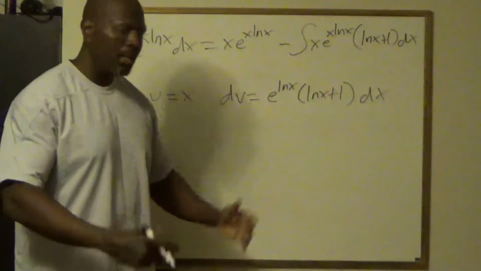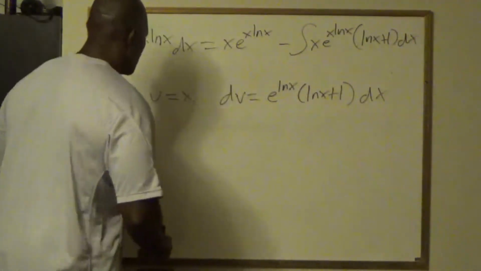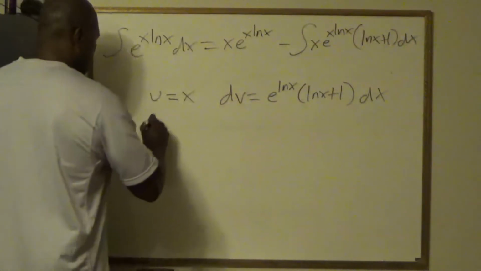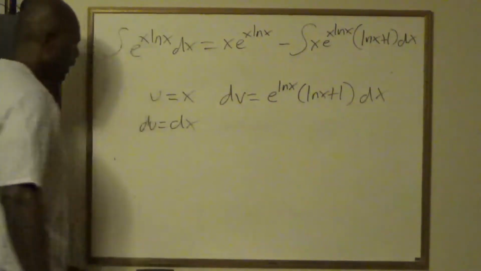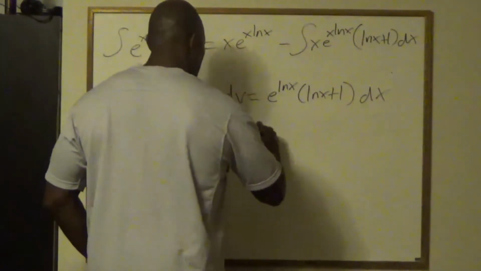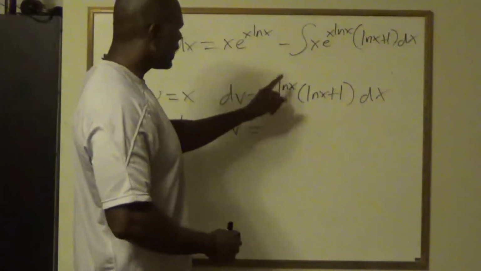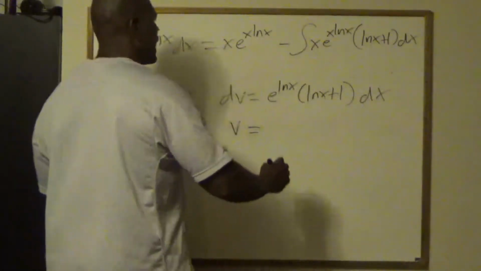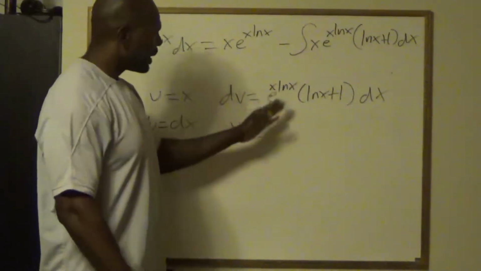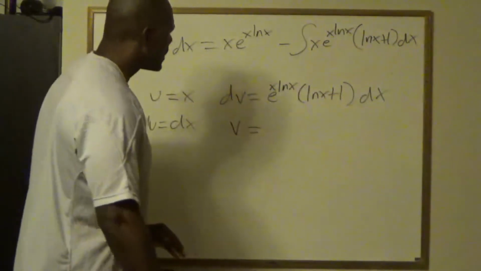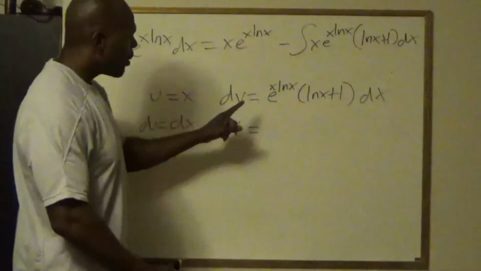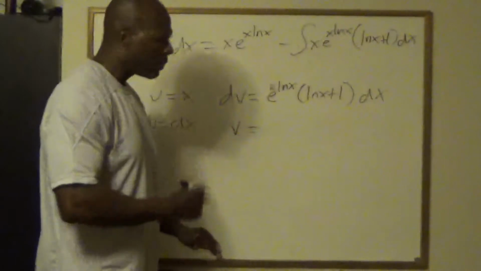So I got pretty excited. And so I did the rest of integration by parts. And it started developing very nice. If u is x, then that means du is dx. Nice. If dv is e^(x ln x) times (ln x plus 1) dx. And again, if I think about u substitution, we can do this one mentally, it's pretty straightforward.